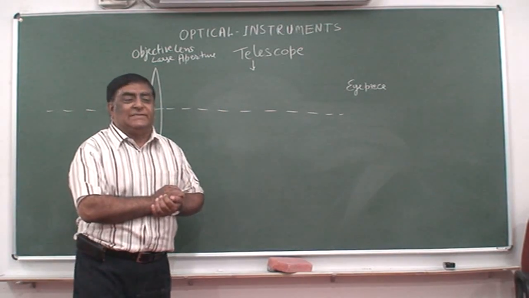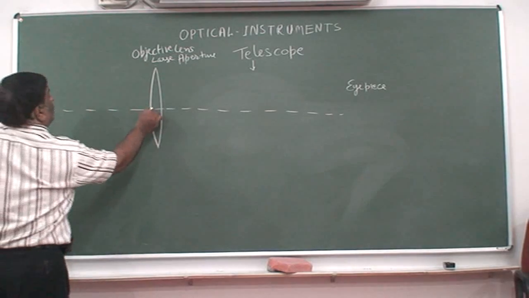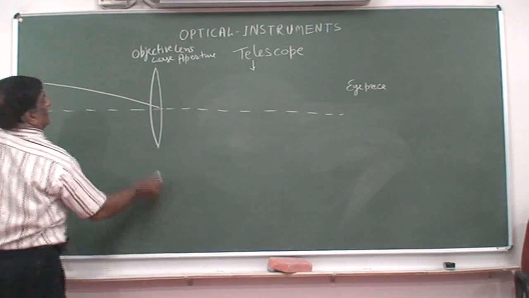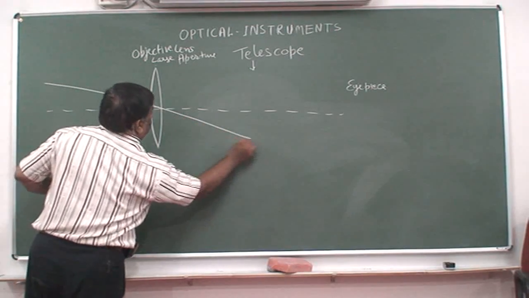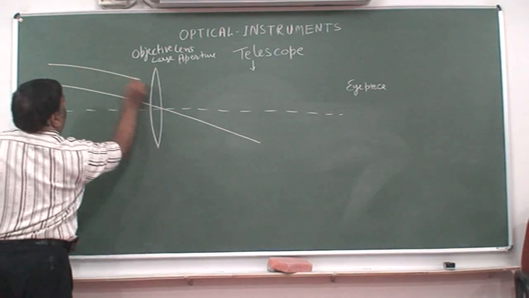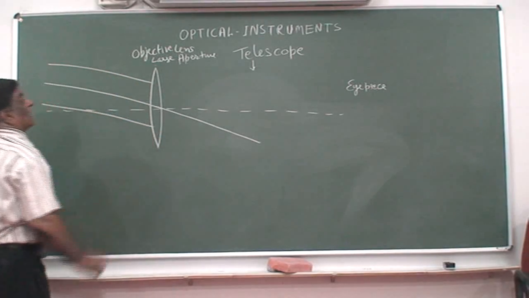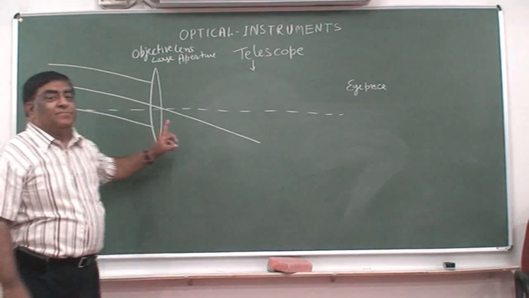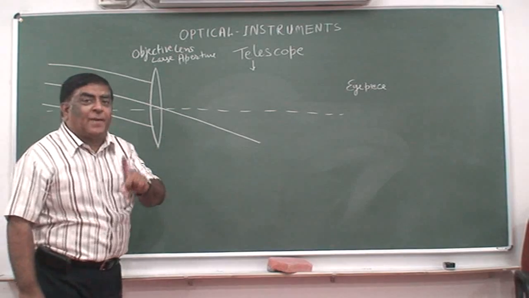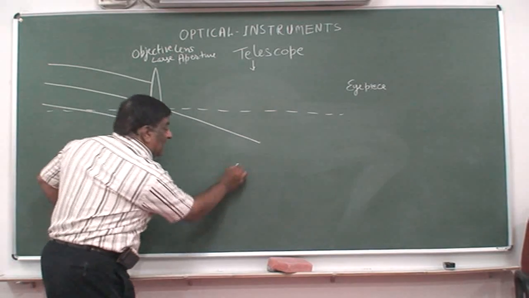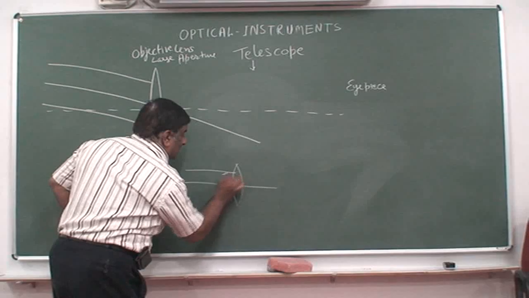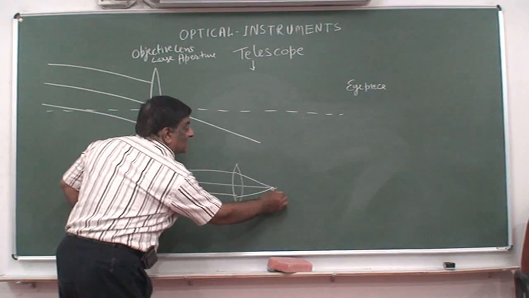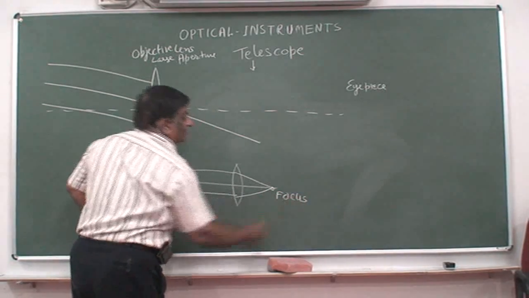Now to make our calculations easier, we take that the rays are coming from a certain angle, let us say like this. Because they are coming from a distance, they are supposed to be parallel. The parallel rays meet at focus. If they are parallel to the principal axis, they will meet at a point on the principal axis, and this is the focus.